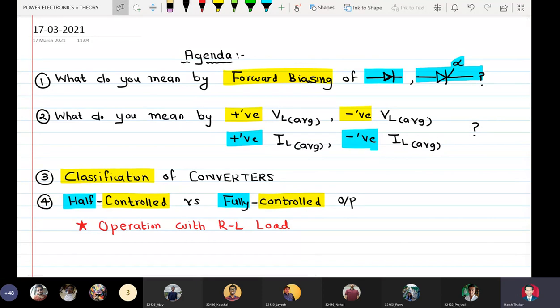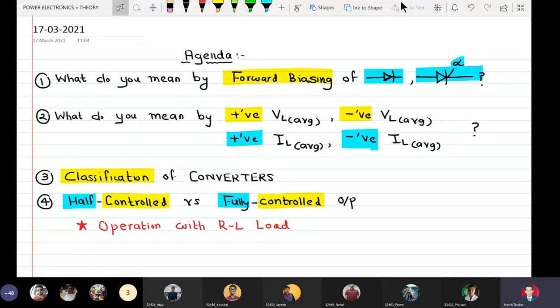So the agenda for today is, first, what do you mean by forward biasing of a diode or an SCR? Second, what do you mean by positive VLAVG, negative VLAVG, and positive ILAVG, negative ILAVG?